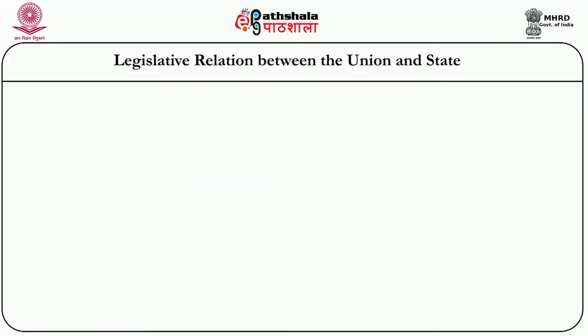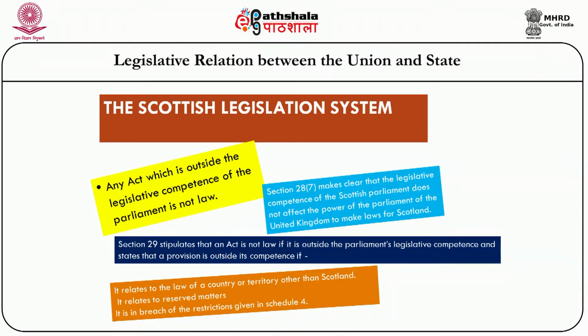To explain the Scottish legislative system, the Scottish Parliament has the power to make acts of the Parliament which should be within the sphere of competence laid down in the Act, and any act which is outside the legislative competence of the Parliament is not law.